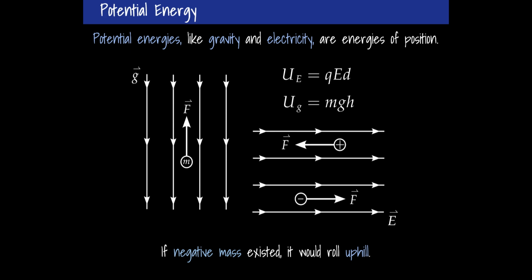Well, look how they really are the same thing. The charge is the property of matter associated with the electrical effect, Q. The mass m is the property of matter associated with the gravitational effect, mass. The electric field, the gravitational field. Some distance in space in meters, some height in meters.